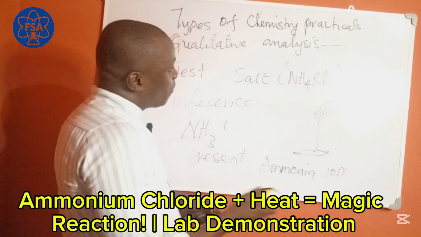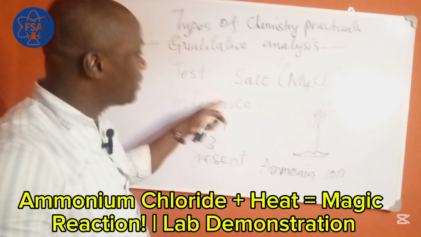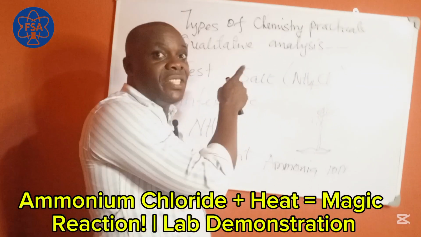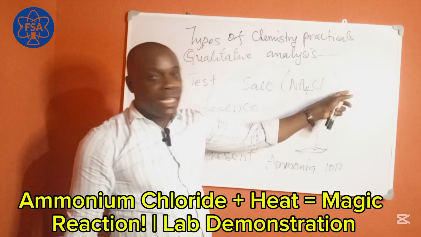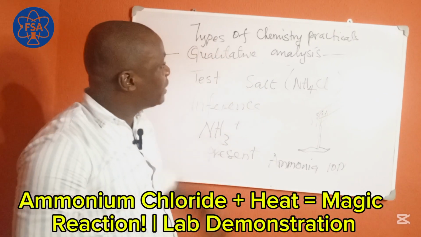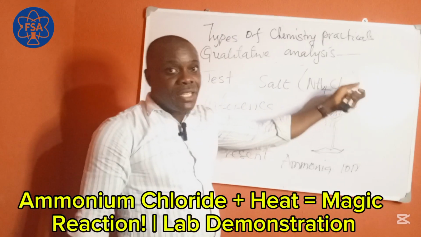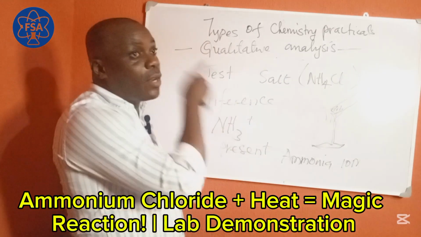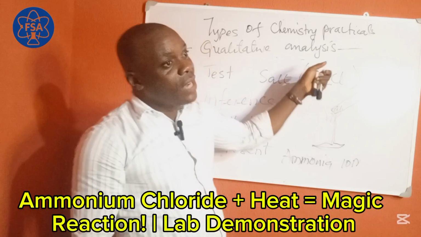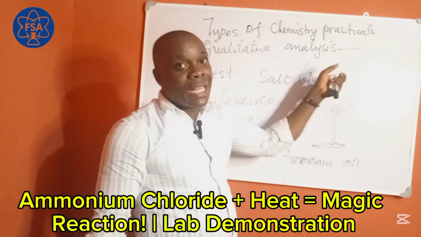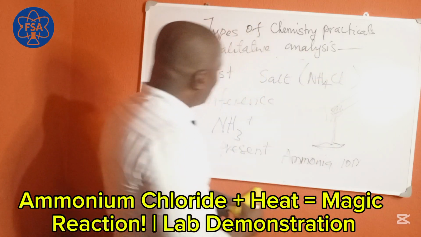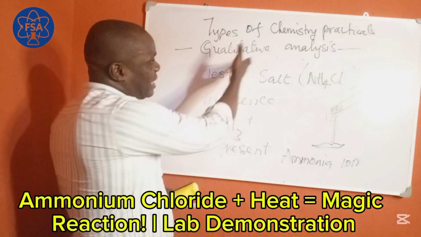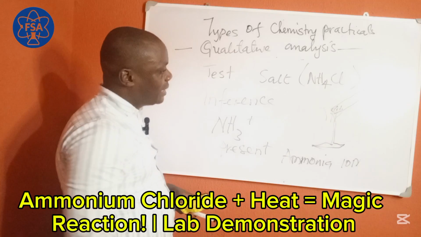This particular part of qualitative analysis only indicates the presence of that particular sample. It does not indicate the quantity that is present. Under qualitative analysis, you only observe the presence of that particular element, but it cannot quantify the element or give you the weight of the sample. If you are carrying out this type of analysis, it is referred to as qualitative analysis.